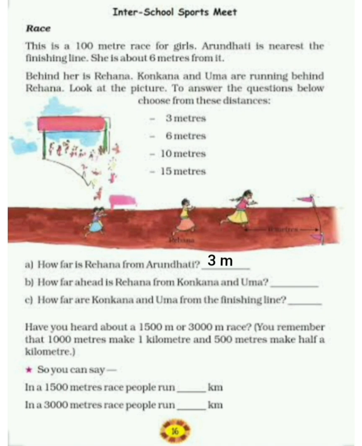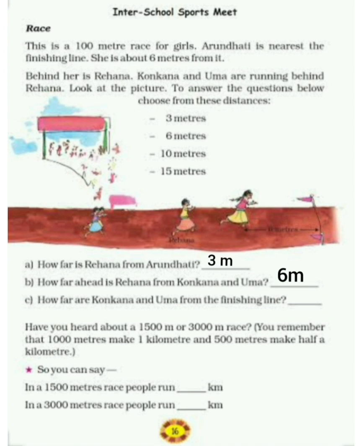Dear students, now we will compare the finishing point to Arundhati's distance with Rehna's distance to Konkana and Uma's distance. Yes, it looks like the same distance. So I have written 6 meters, because from the finishing point to Arundhati is 6 meters. The distance is 6 meters. So I have written 6 meters. That is how far ahead Rehna is from Konkana and Uma.